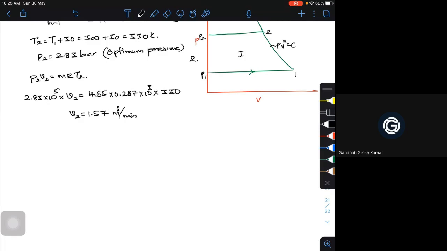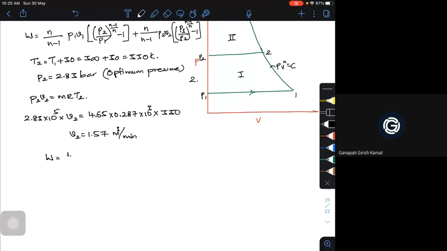Now let us try to substitute this in my equation. W is equal to 1.2 divided by 1.2 minus 1 into P1 is 1 into 10 to the power of 5 into your V1 is 4 by 60, into P2, which is 2.83 divided by 1 whole to the power of 1.2 minus 1 divided by 1.2 minus 1. This is for first stage.